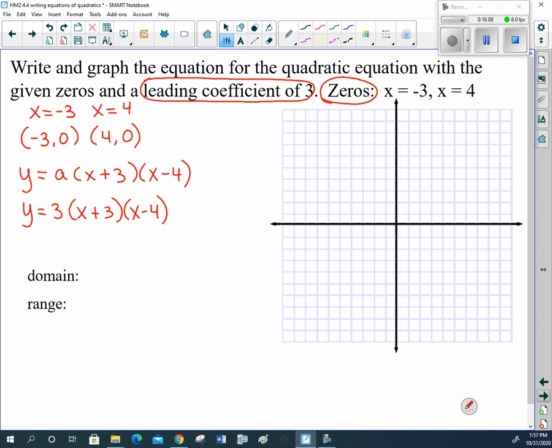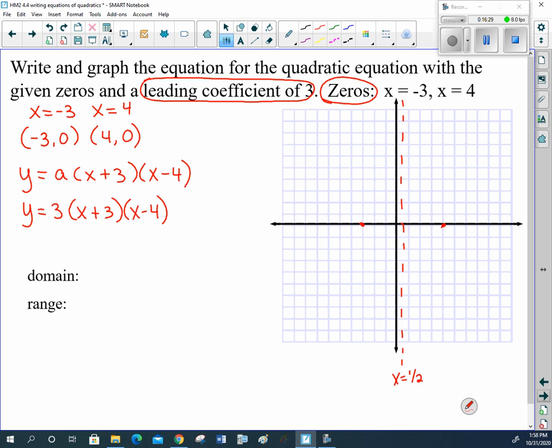Okay, so let's come over here and graph that. So here we are at -3, +4, and then let's find our axis of symmetry. So it looks like, once again, it's at a half. So we need to find our vertex.